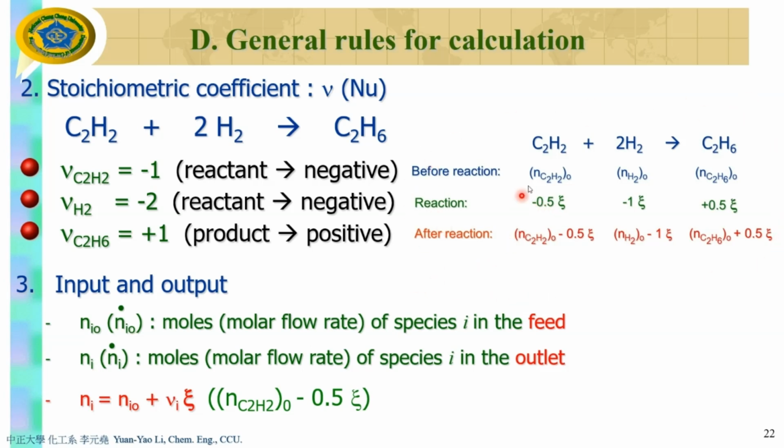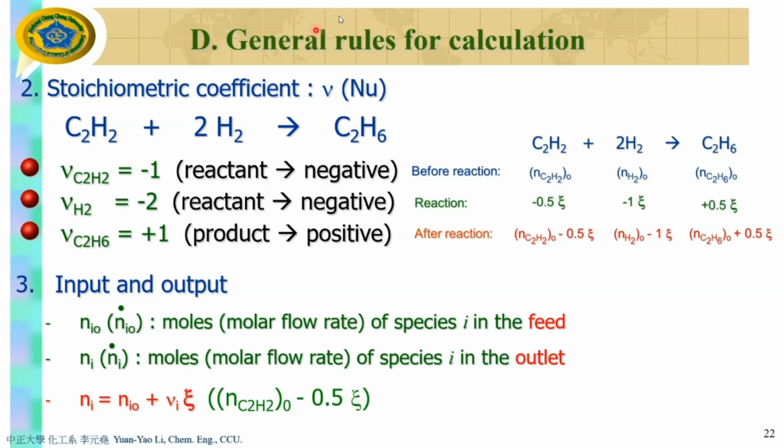For the example of C2H2, the output, which is after reaction, will be equal to the input plus nu times xi, and this minus 0.5 means what? Nu is the stoichiometric coefficient. Xi means extent of reaction. So this is the one, ladies and gentlemen, I want you to remember: output equals input plus nu times xi. Xi is the extent of reaction, nu is the stoichiometric coefficient.